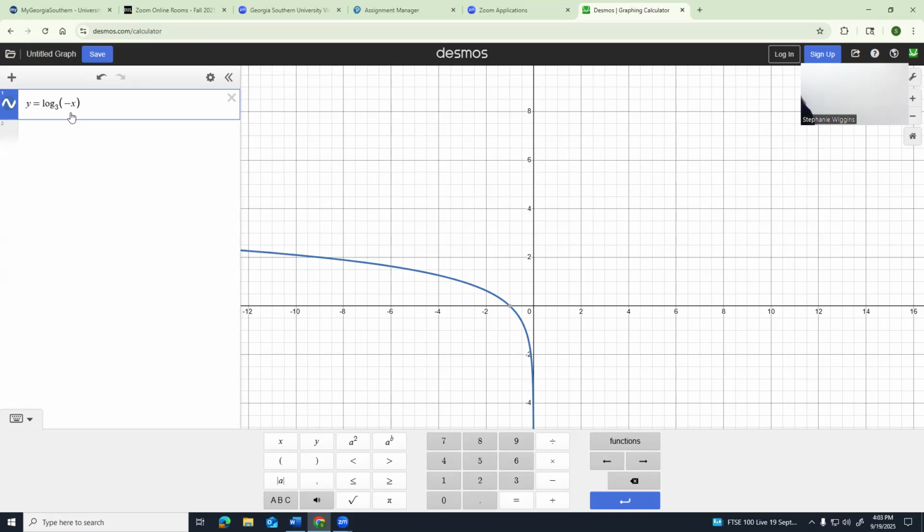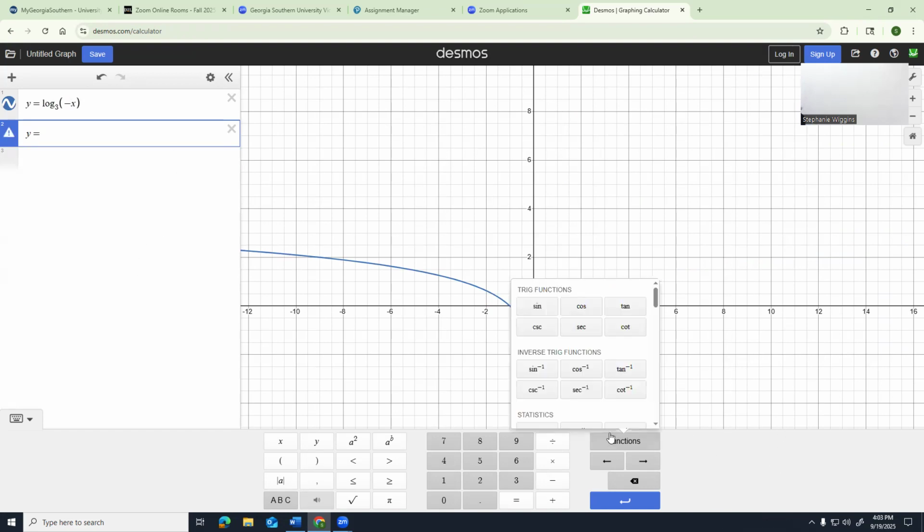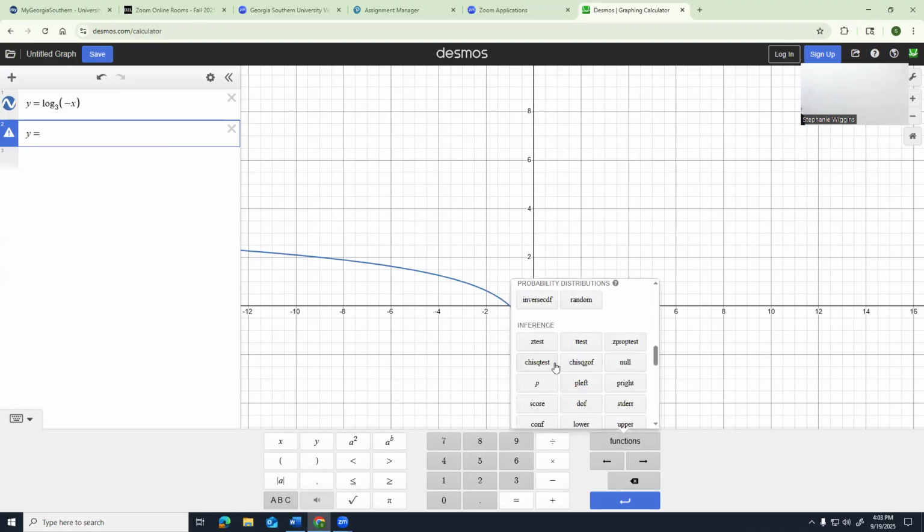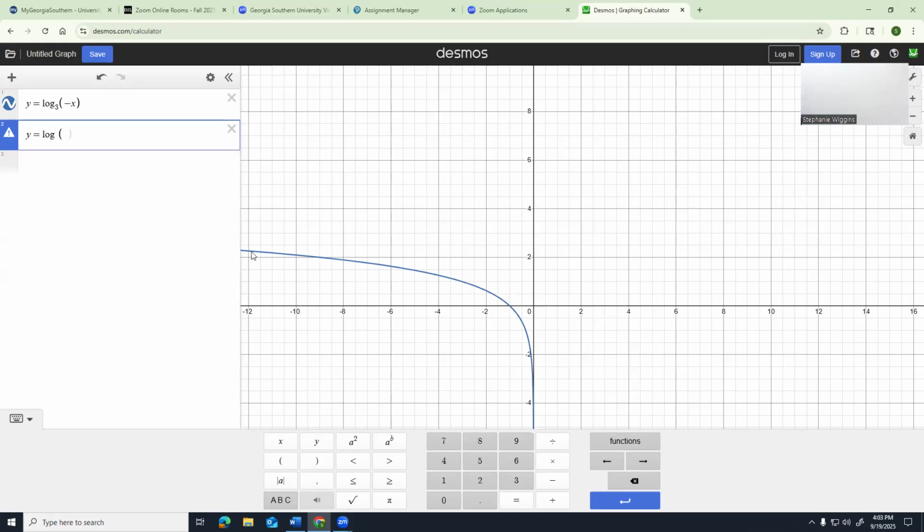And when you have a negative multiplied inside, you're going to reflect across the y-axis, versus if you have y equals log base 3 of x and I put the minus in front, it's going to reflect across the x-axis. So here the negative is on the inside, it reflects across the y-axis. Here the negative is on the outside of the function, it reflects across the x-axis.